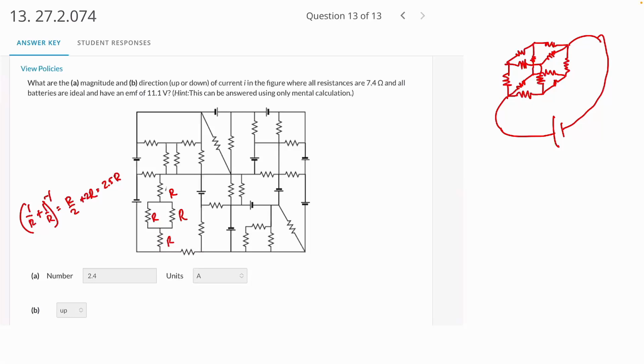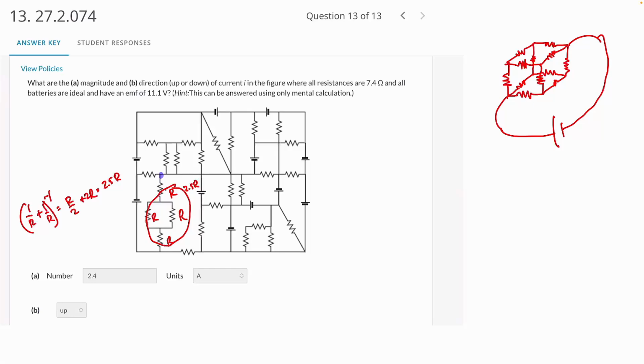Okay. I'm not sure that that's what mental calculation means. Maybe it does. I have to write it down. I can't do that in my brain, right? So what that means is all of these resistors are just 2.5 R, right? So now we've kind of collapsed that down, and I'm going to use my highlighter of joy to take you through. So now, starting here, I'm going to trace a circuit path, a loop, a Kirchhoff's loop, that will only take me through batteries and get me back to that point.